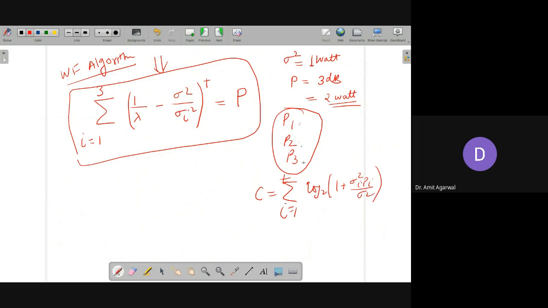If the total power is 2 watts, what should be the value for each stream? How should you allocate power to each stream which maximizes this? We will see this in the next class. I think that will be better because it is almost 12:15 already.